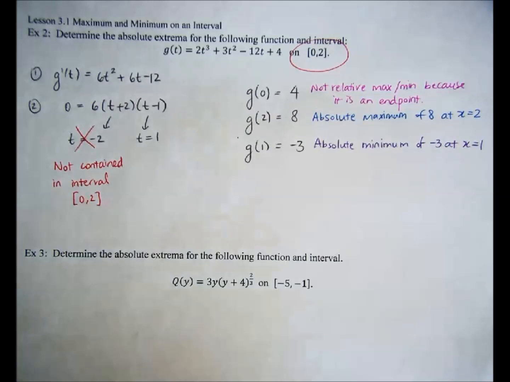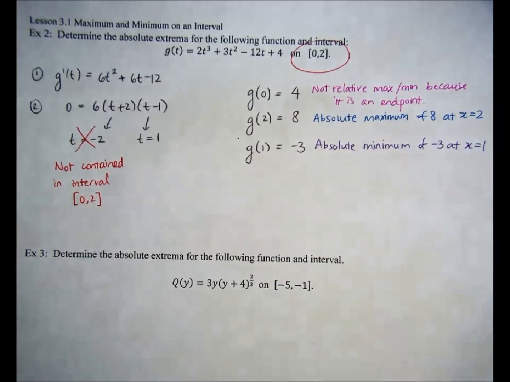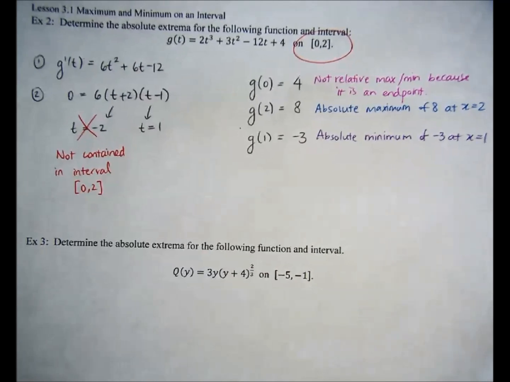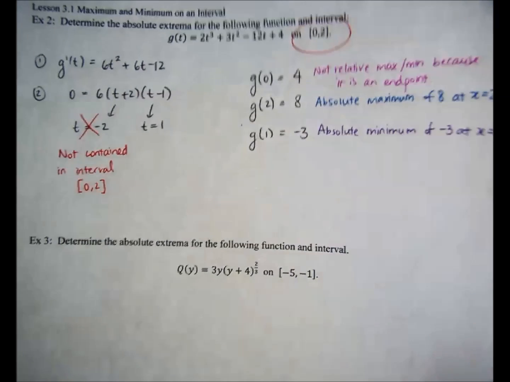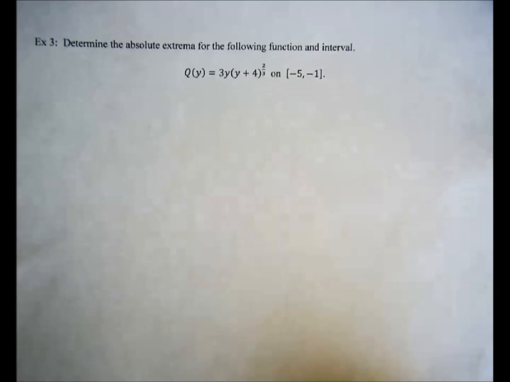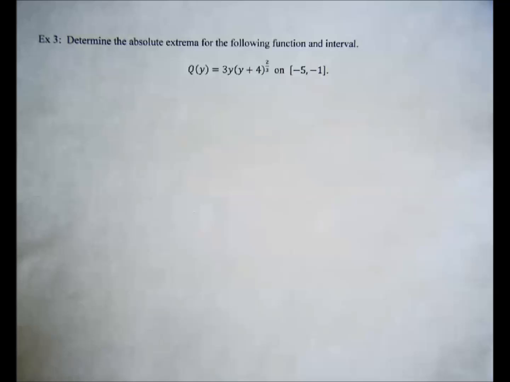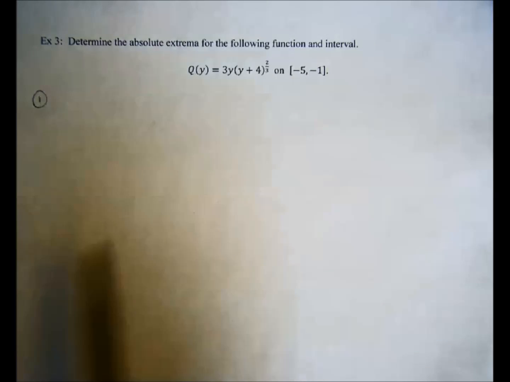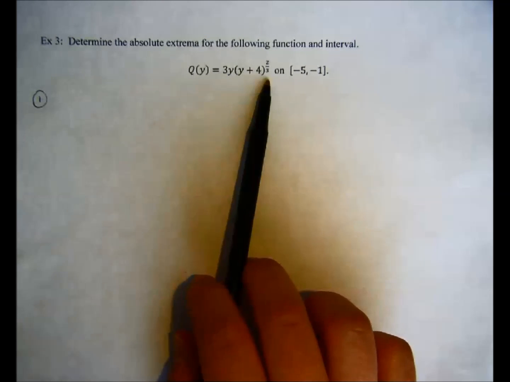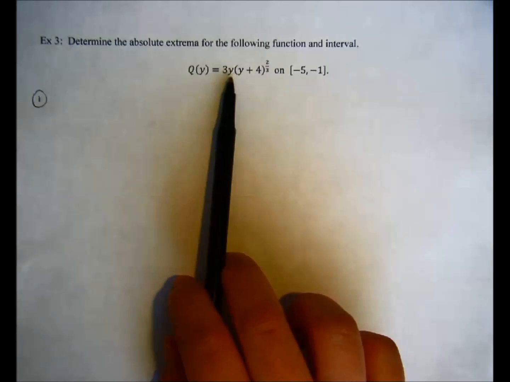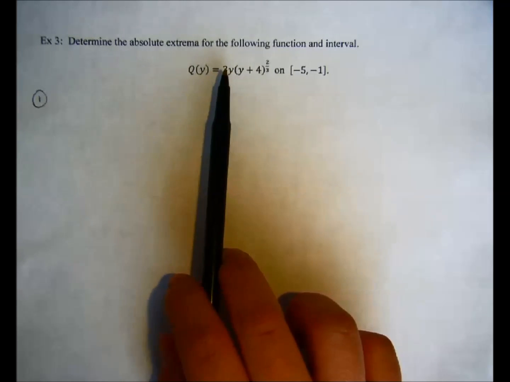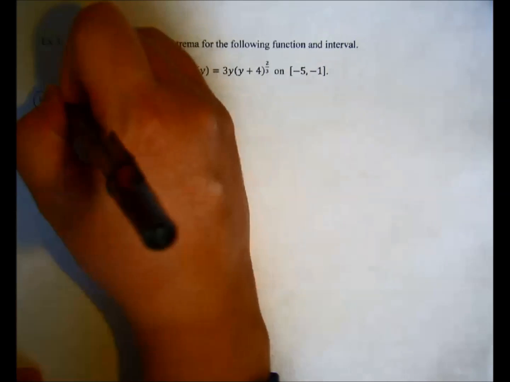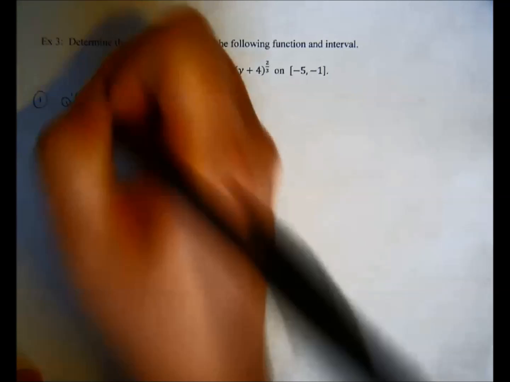Okay. So again, I would strongly suggest that you pause the video and you try example 3 on your own before you check the solution. But here I go. So now I have this function that is a combination, excuse me, a product, so we need to actually use the product rule to figure out our derivative.